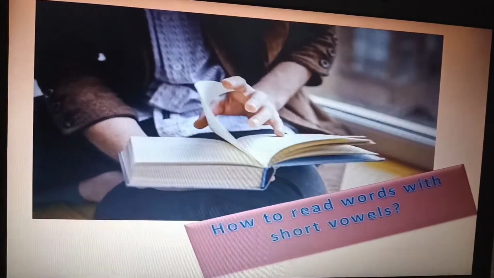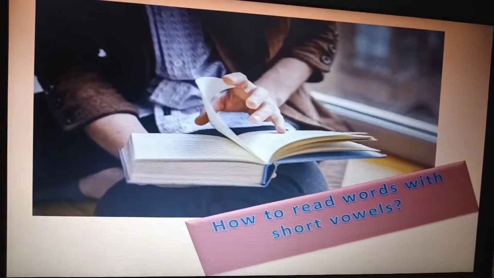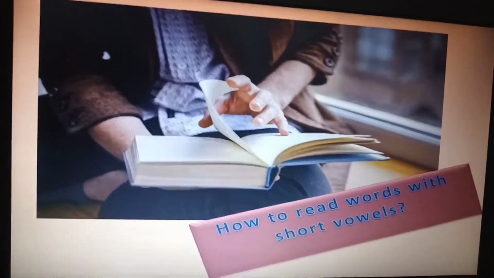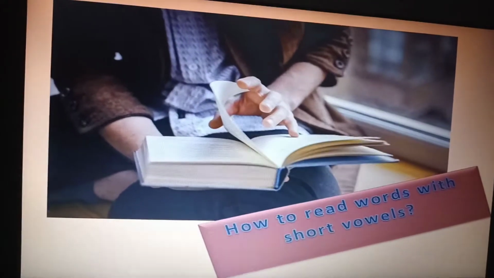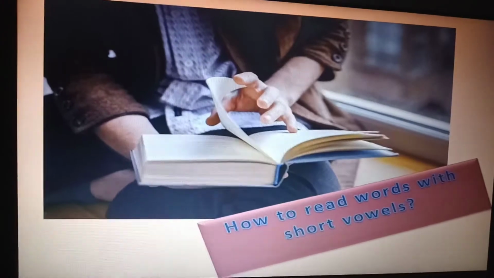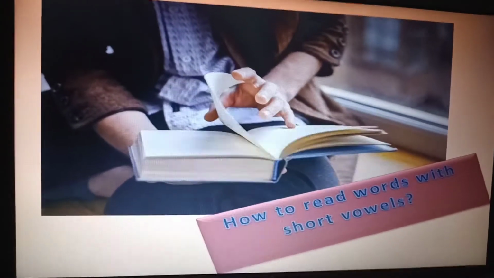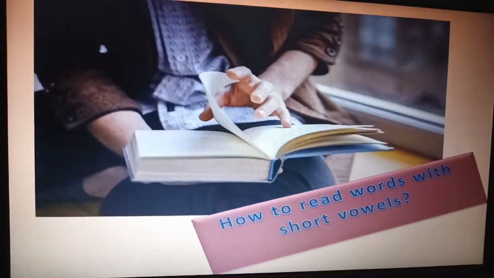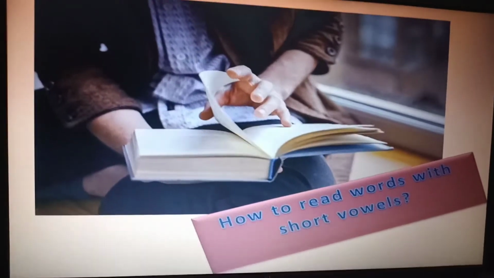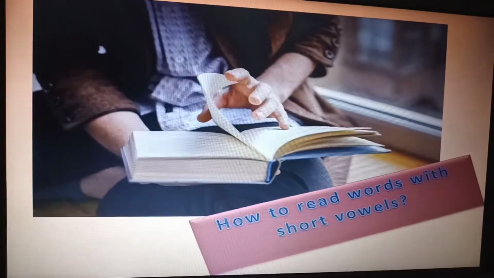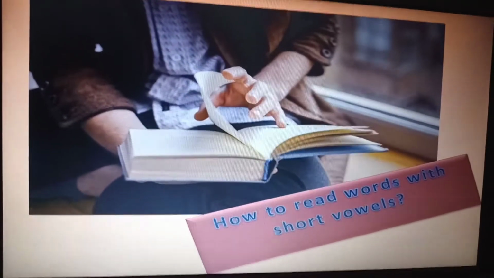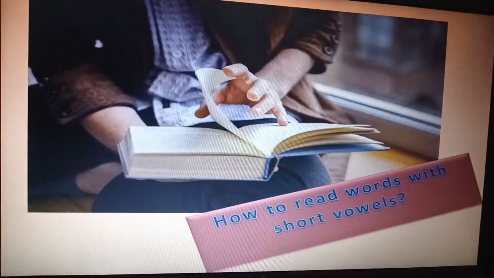Today we are going to complete part 2 of how to read words with short vowels. In the last video we discussed how to read words with two letters having the same short vowels, meaning the two letters have the same fatha or kasra or dhamma.